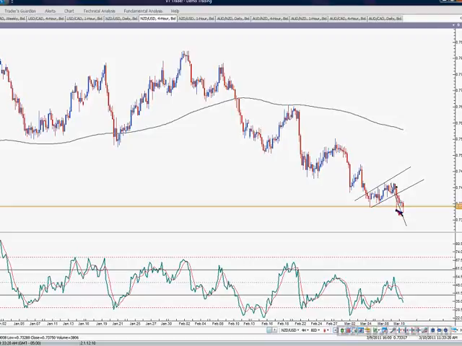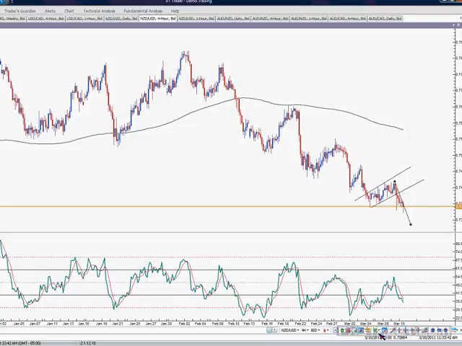So if this low at 0.7330 or 7328 breaks, or if the market closes below that, then we should have confirmation that the market should be able to come down towards this equality projection.